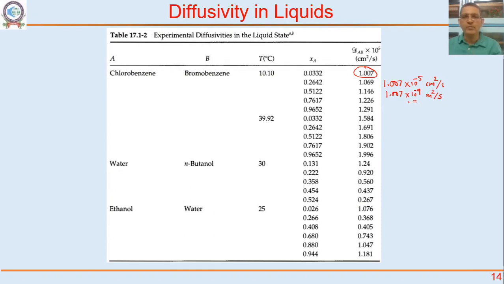Right? Again, this is because the molecules in a liquid are so close to each other, there is very little space, and that's why the molecules moving tend to be much slower. They feel much more resistance when they are moving about with molecules which are crowded, like a solvent in a liquid state. Okay. Again, you can notice that if you increase the temperature, the diffusivity is increasing.